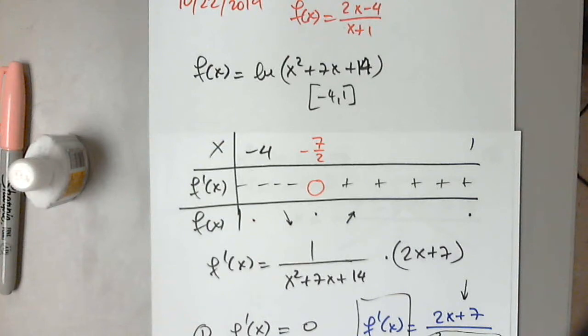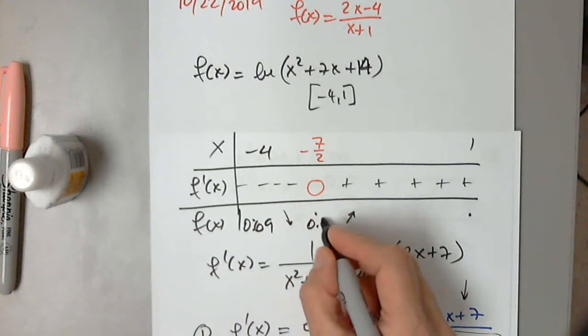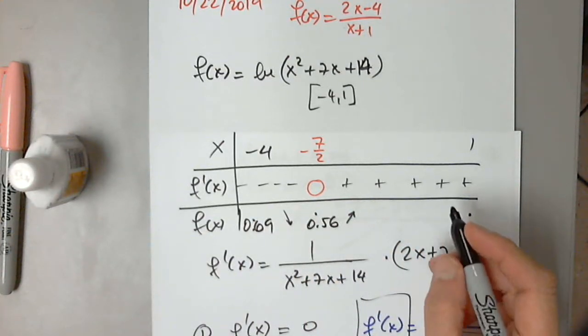And then second in the table, what I need is negative 4, negative 7/2, and the last one is 1. And the values are 0.69, 0.56, and 3.1.